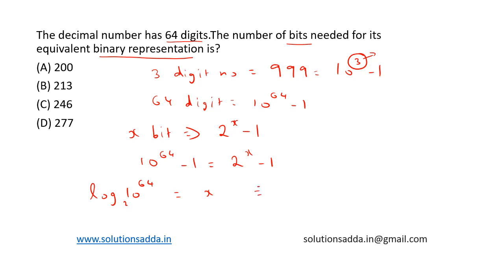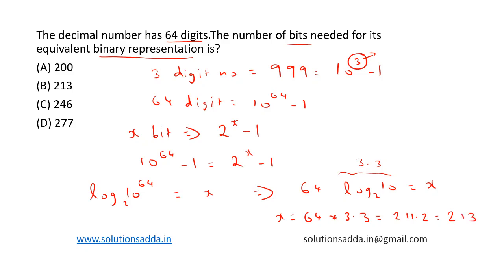So solving again, we get 64 into log 10 to the base 2 is equal to x. So log 10 to the base 2 is approximately 3.3. So solving this, we'll get x is equal to 64 into 3.3, which is almost equal to 211.2. So the closest answer is 213. So option B is the correct answer here.